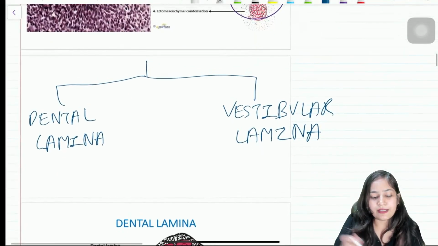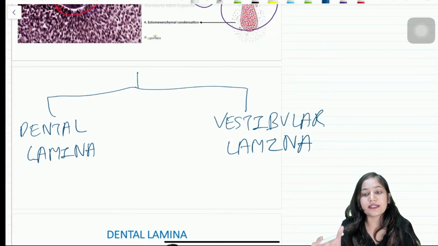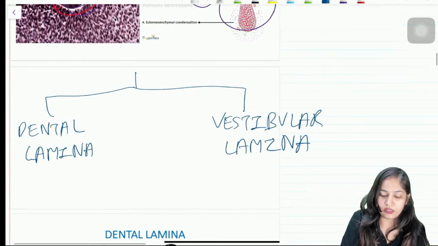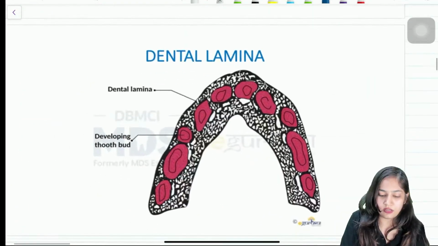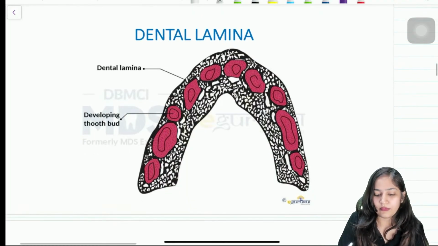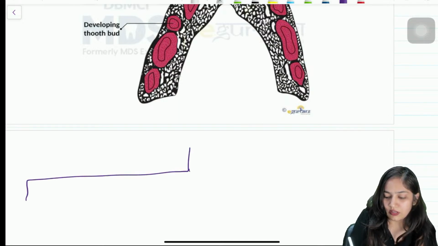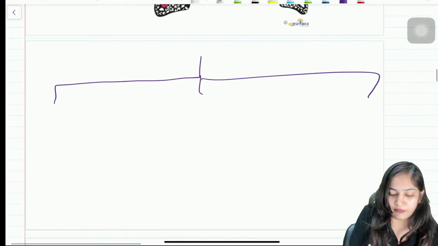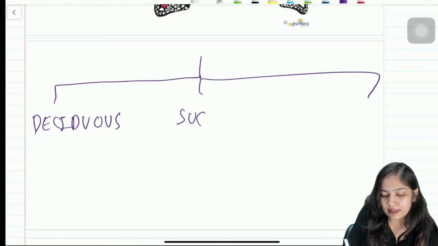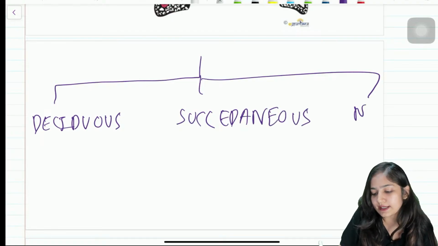So dental lamina is mainly associated with the formation of teeth, being deciduous tooth, succedaneous tooth, and non-succedaneous tooth, right?